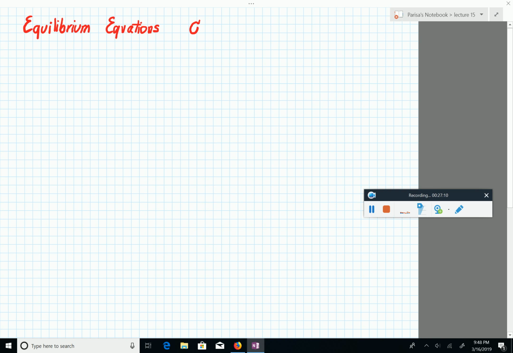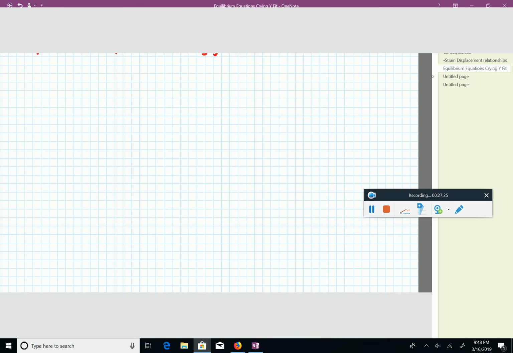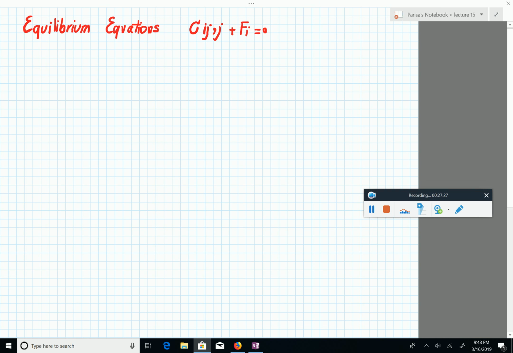The general form is sigma ij comma j plus fi equal to 0. So this gives us three equations. So let's write them down.